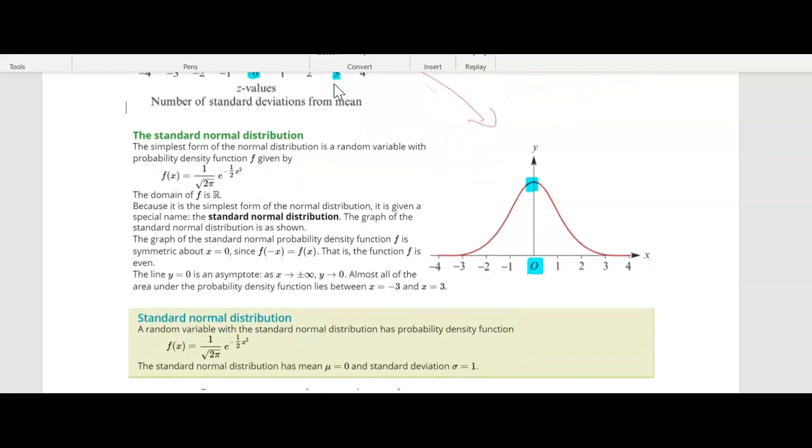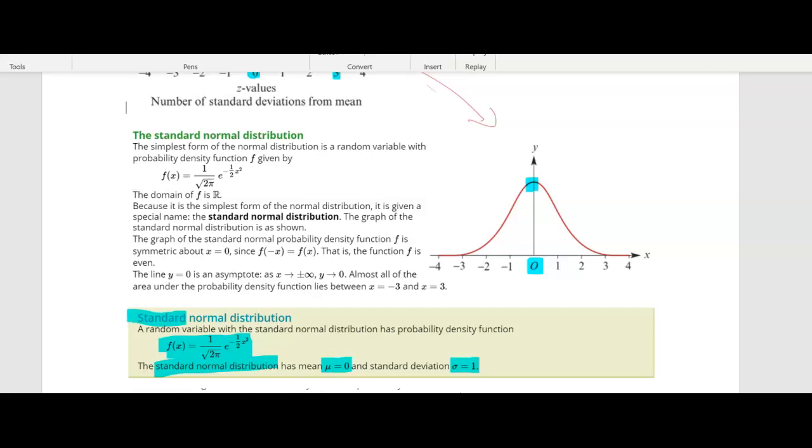Now with your standard normal distribution, you do have an equation. So that curve is represented by this function here. Okay, so if you were to graph that, you would get this curve. Okay, so it's a little bit complicated and there's no point in me reading it out. But with a standard normal distribution, you will always have a mean of 0 and a standard deviation of 1, always, when it's standard.